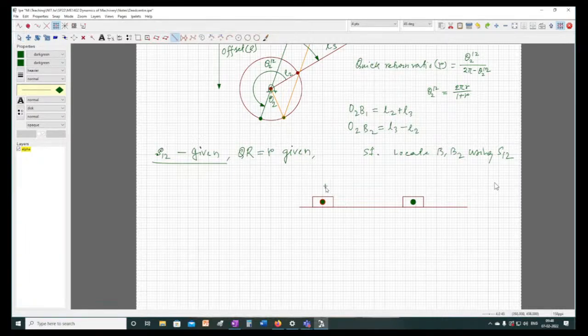This length is S12. This length is given to us.